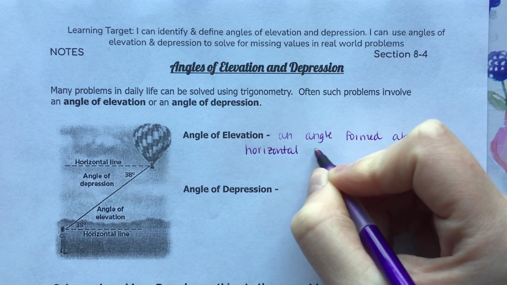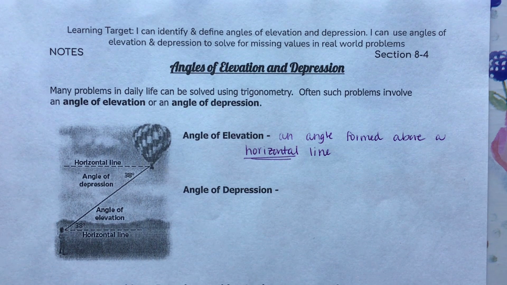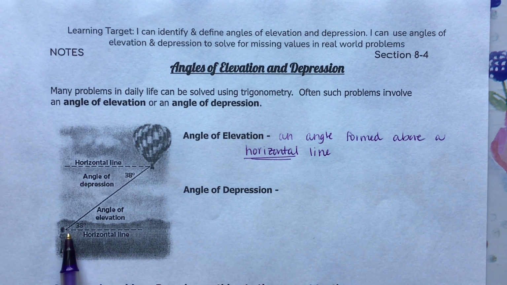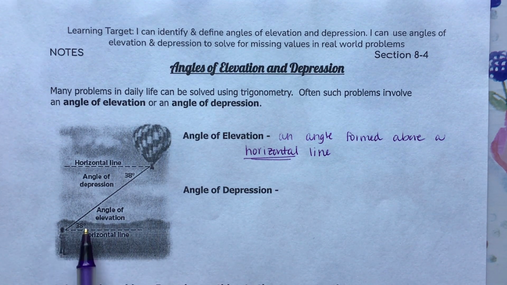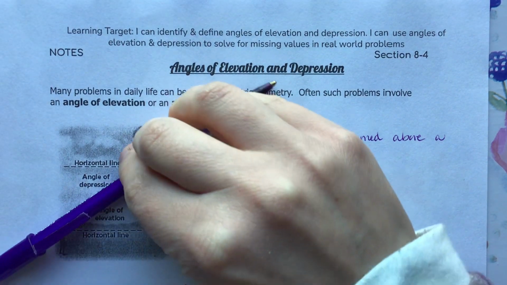Now, it's very important that you recognize it needs to be above a horizontal line. So notice here, I have a horizontal line going across, and then an angle is formed by a line crisscrossing that. This 38 degrees right here would be that angle of elevation, because here's the horizontal line and the angle formed is above it.